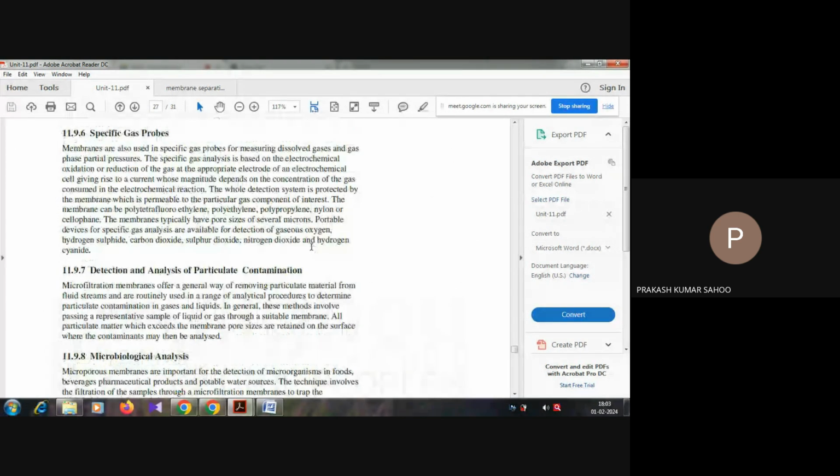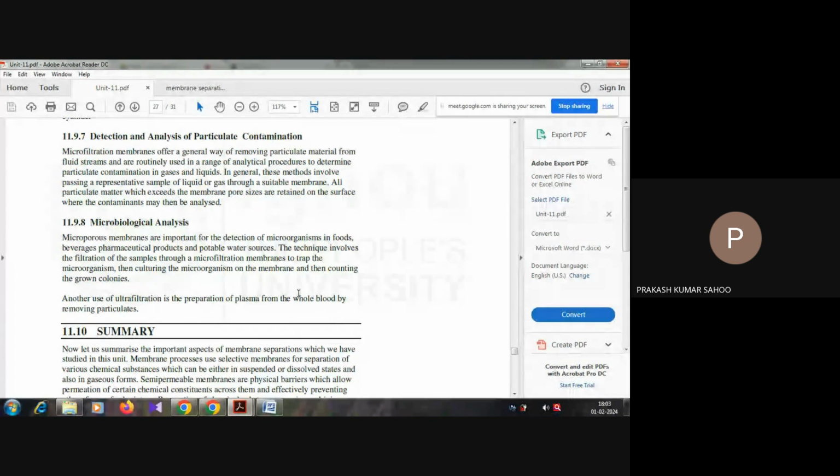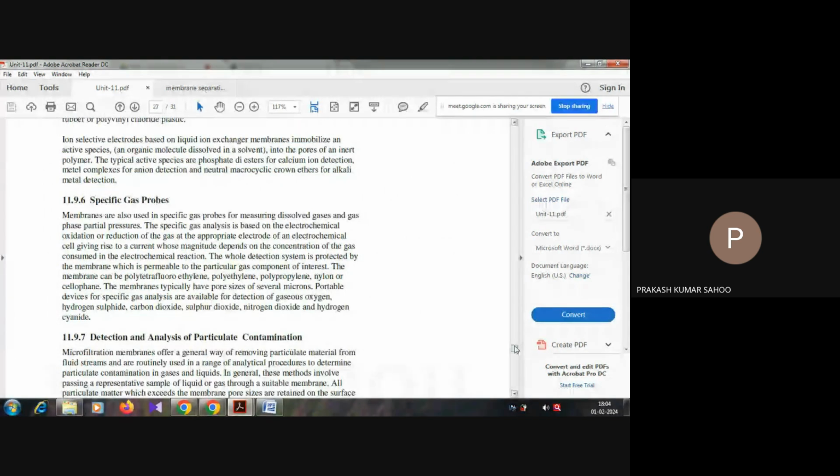Then specific gas probes, detection and analysis of particulate contaminants, and microbiological analysis. So these are some applications of your membrane separation. In this part, just remember what type of membrane, what your solution is, and what mechanism is employed for the separation.